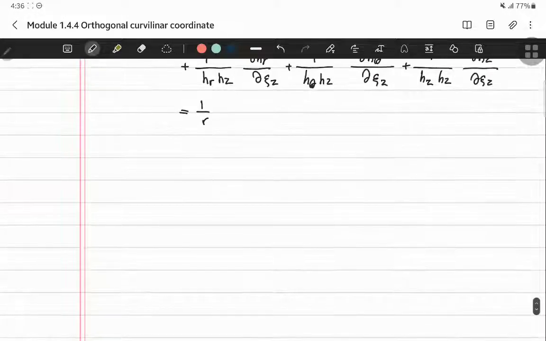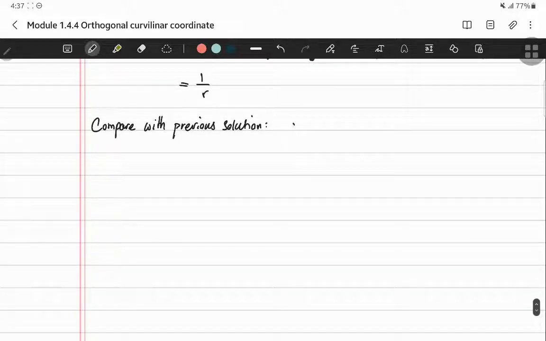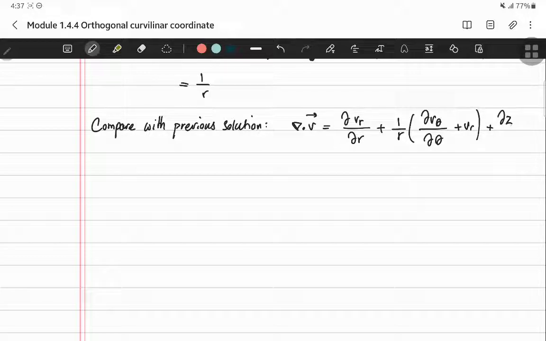So if we compare this with the previous solution, if you remember, we had the divergence of a vector as the partial derivative of VR with respect to r, plus 1 divided by r, partial derivative of v theta with respect to theta, plus VR over r, plus the partial derivative of v z with respect to z.